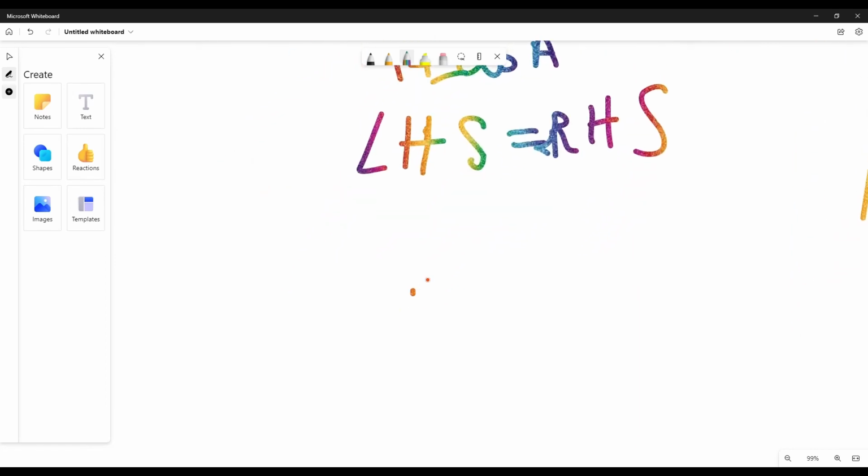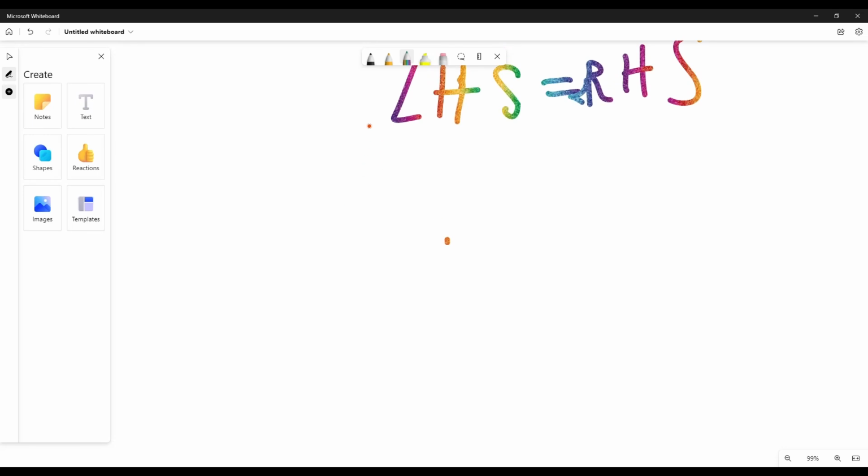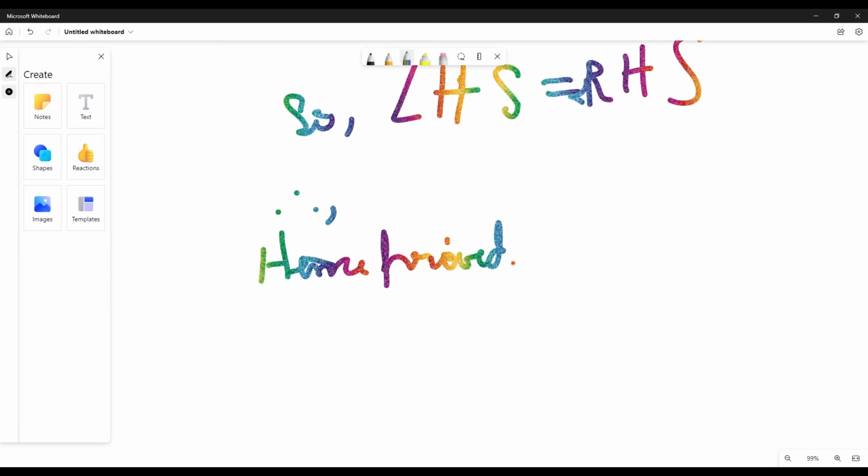This line is also very important, I can say. If you want you can write therefore, this is very important. Or instead of writing therefore, you can write hence proved. This is much better, I can say that, right? Hence proved looks much better.